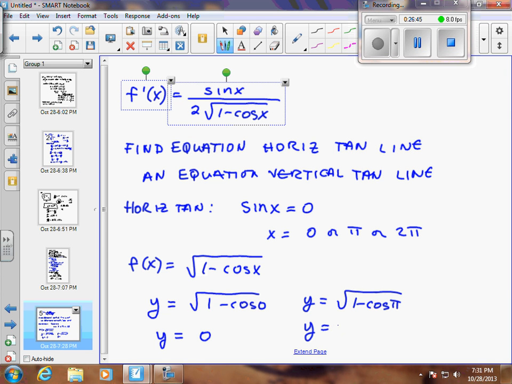So wouldn't that be y equals the square root of 2? So this function, whatever it looks like, has a horizontal tangent line at y equals 0 and another one at y equals the square root of 2. It must bump up and down between those two.